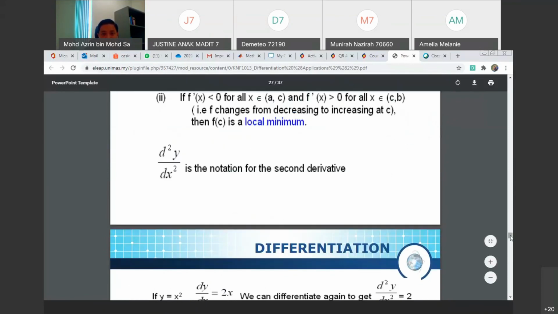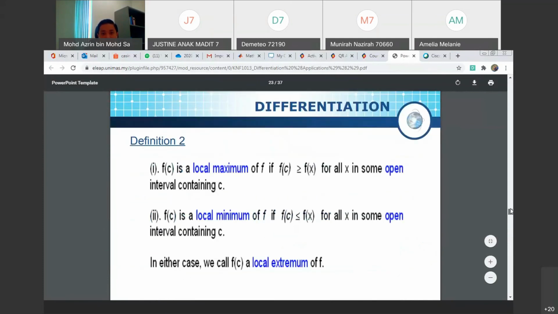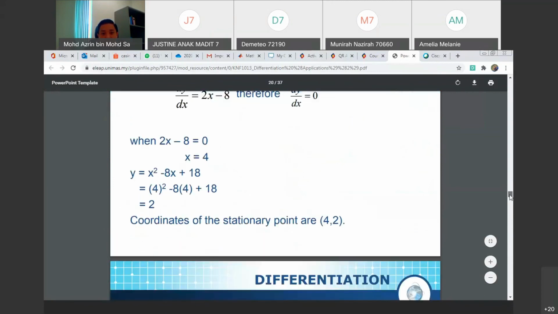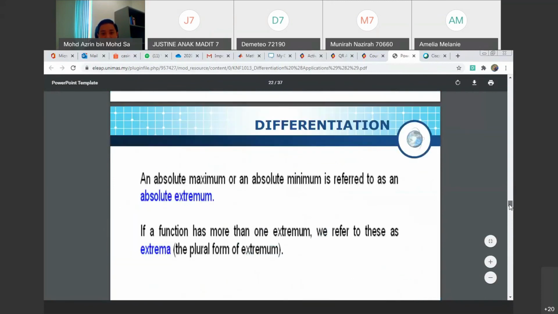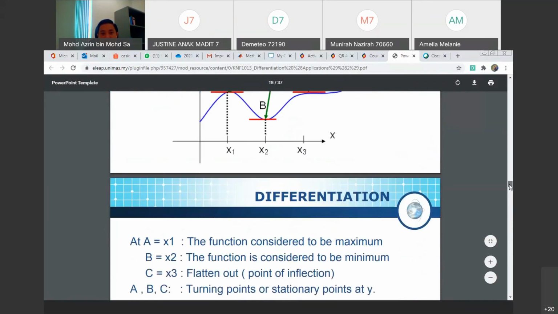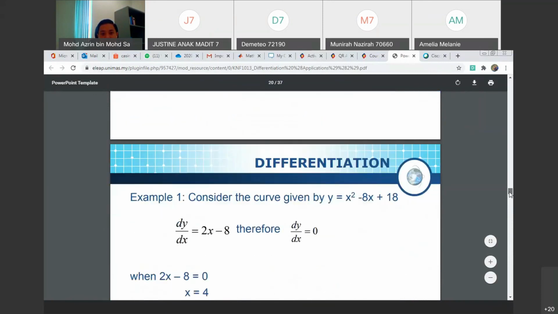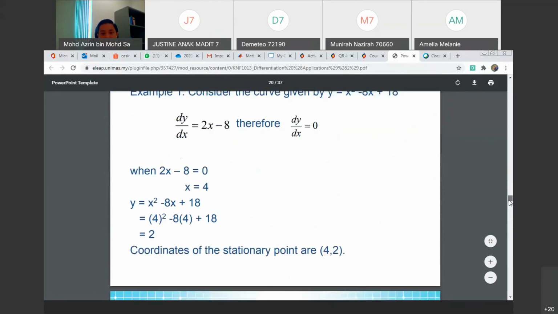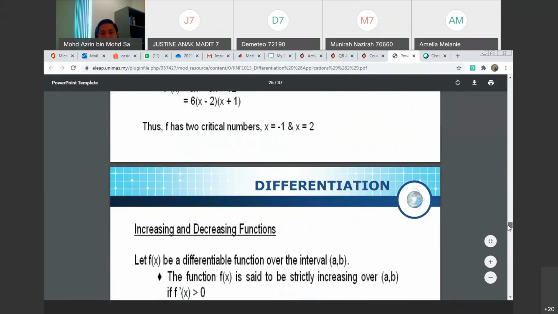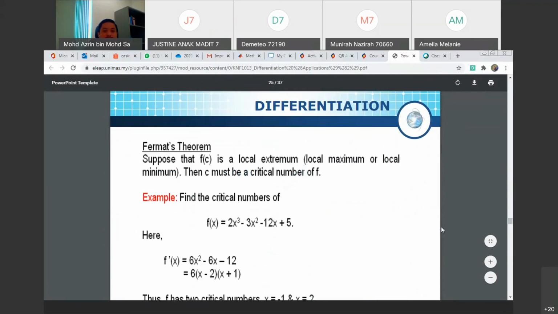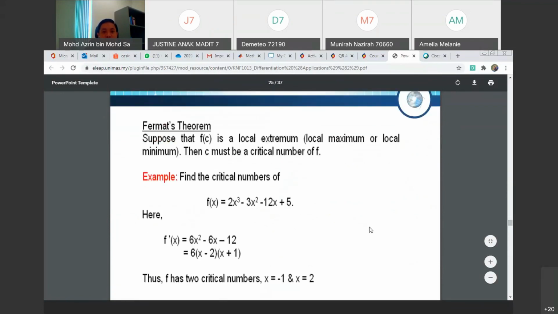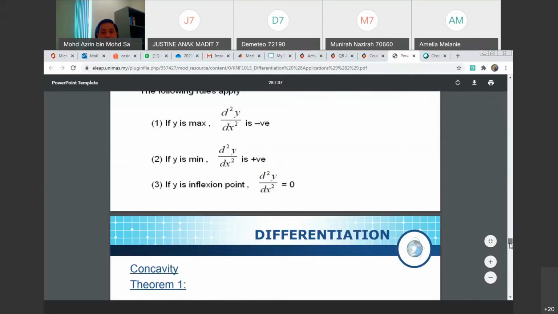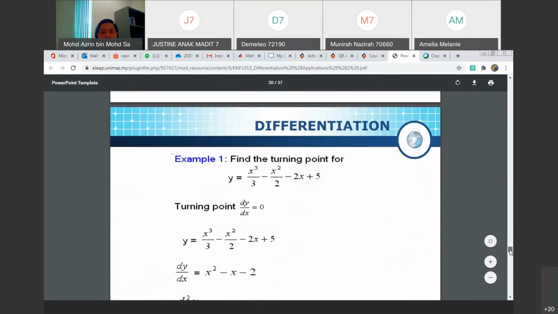Pergi atas sekejap. Contoh, kalau ini critical number, okay, tak sesuai, tak apalah, equation ni lah.